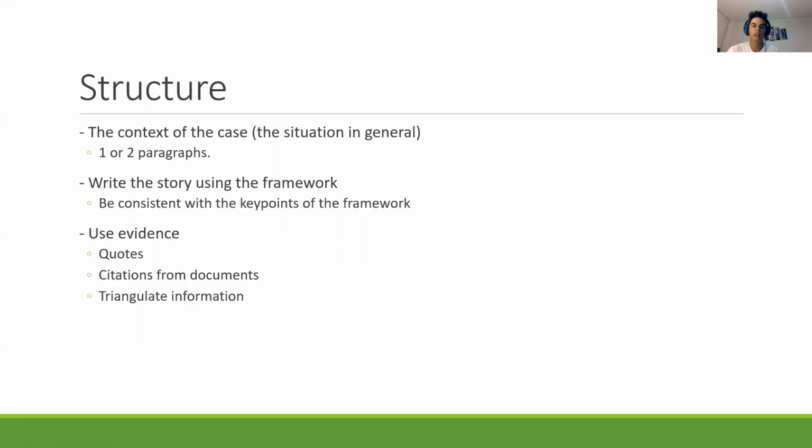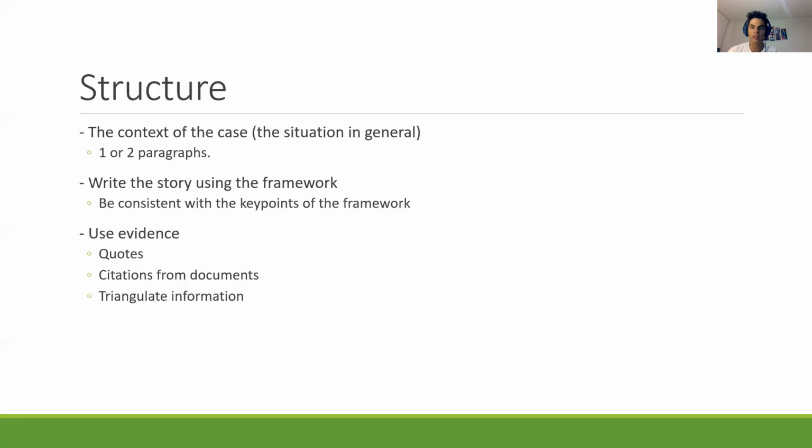So the structure is very important, because the structure of what you will write has to be based, and it's highlighted here in the second point, on the framework that you are using. It comes to my mind the framework from Management Control Systems as a package, I think it's group 2, the one that is doing this framework from Malmi and Brown 2008.